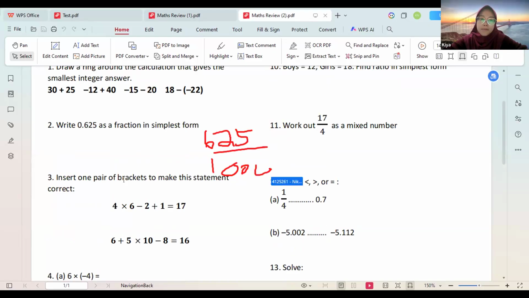And then we should simplify, yeah, divide to the GCD of their numbers. Find the GCD of their numbers.